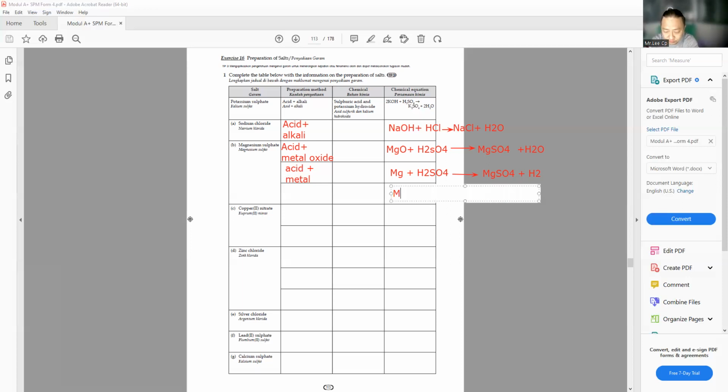Magnesium hydroxide, okay? Magnesium is 1, hydroxide is 2. Mg(OH)2 plus H2SO4. So you get this. Balance the equation and give me your answer.